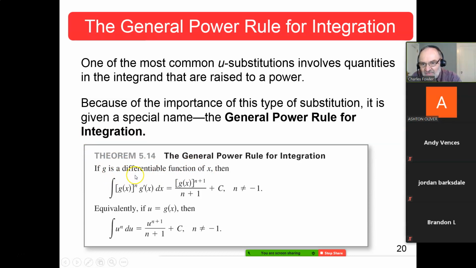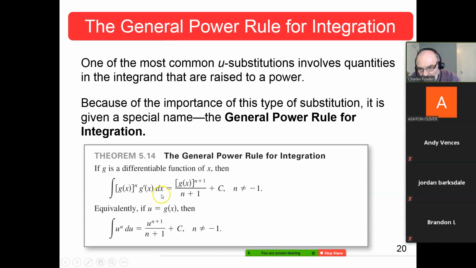If g is a differentiable function of x, and you have the integral of g of x raised to the nth power, followed by the derivative of g of x, then your u substitution: let u be g of x, and then du will be g prime of x dx.